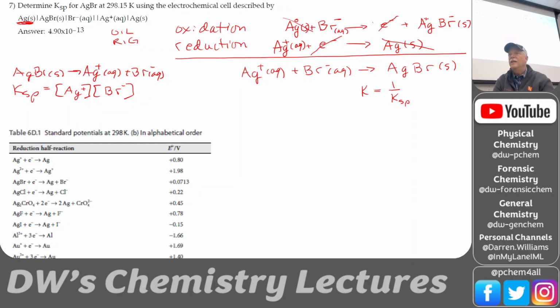So that's how it's related to KSP. So if we can find the voltage for this particular cell, then we can find the equilibrium constant, then we can invert that. 1 divided by that equilibrium constant will give us KSP. Does that make sense? So that's the pathway.